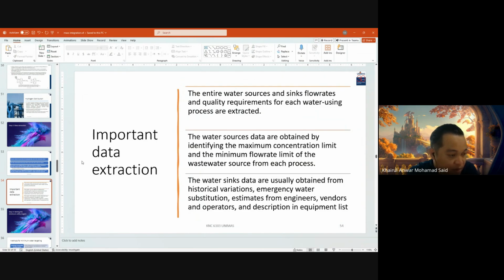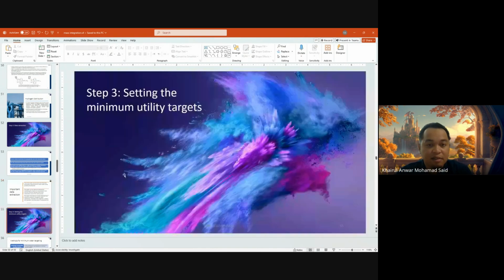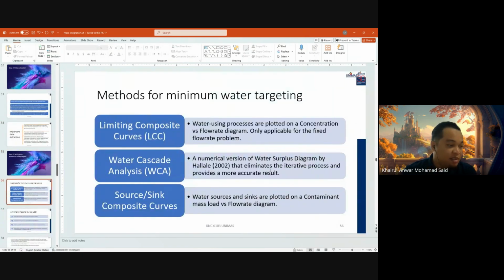Now let's go to step three, setting the minimum utility target. This is the mathematical peak of this lecture. Before designing any piping network, we target the absolute minimum fresh water required and waste water discharge. This is done either graphically, like the limiting composite curve, or algebraically using the water cascade analysis.